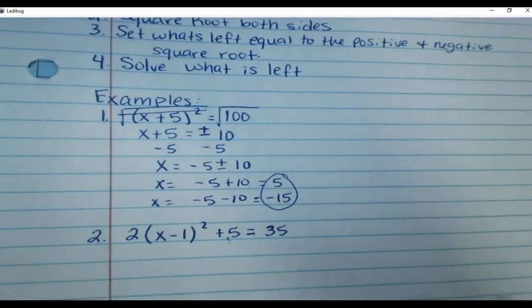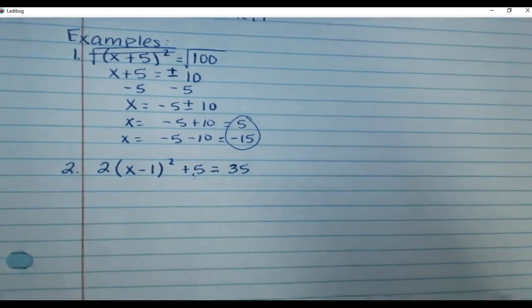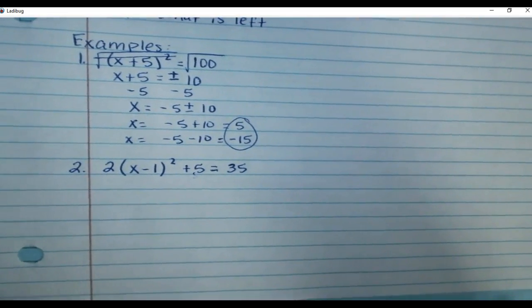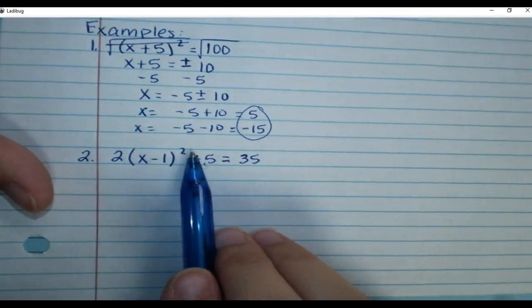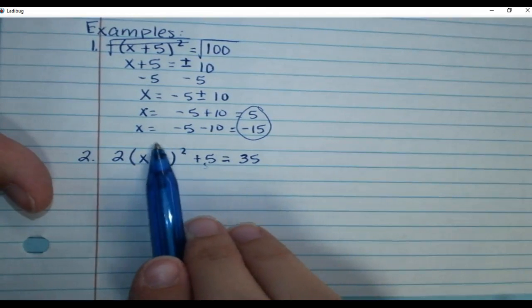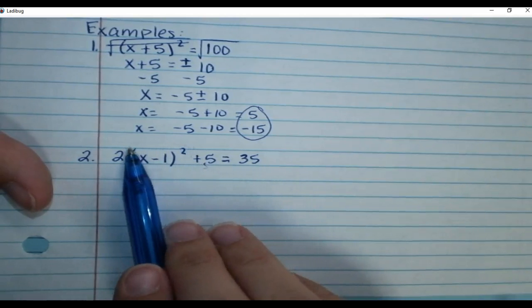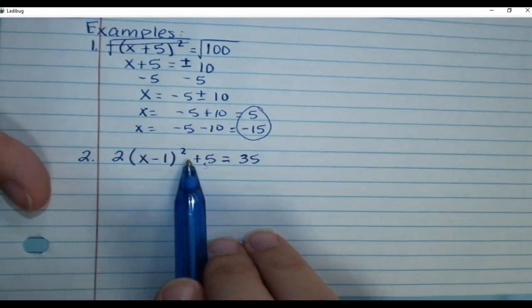So you don't want to distribute because you have that squared. So the first thing that we want to do is get this parenthesis squared by itself. So what should I do first to do that?